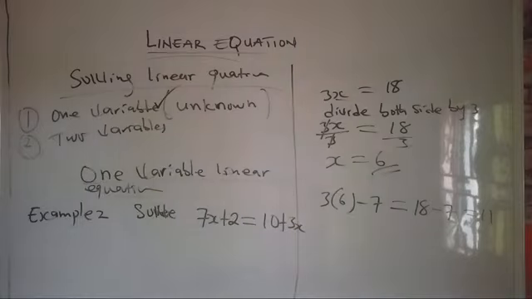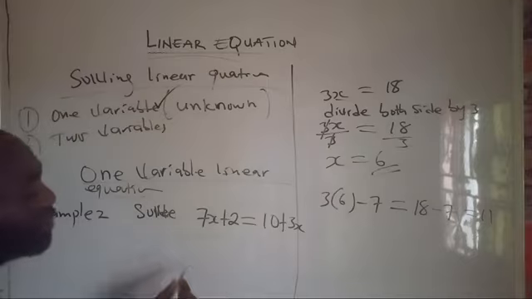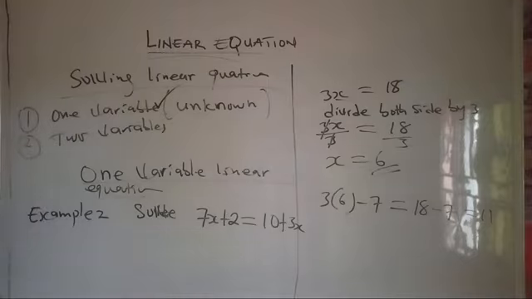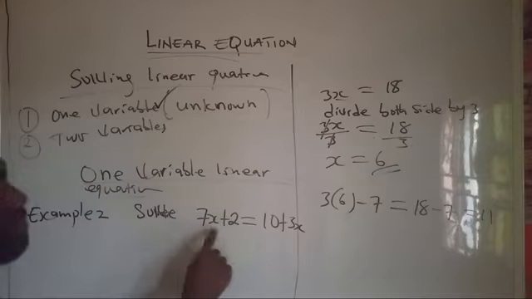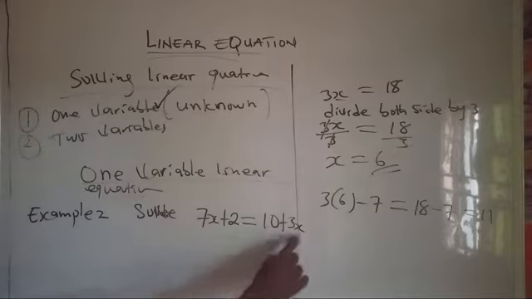If you look at this equation, you will see that we have variables on each of the two sides of the equation. We have 7x on the left hand side and we have 3x on the right hand side. So this is a one variable linear equation involving variables at the two sides of the equation.